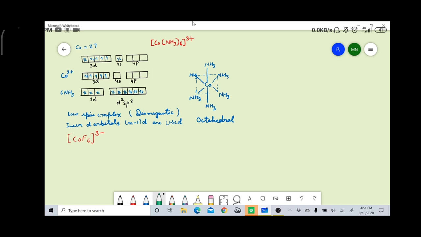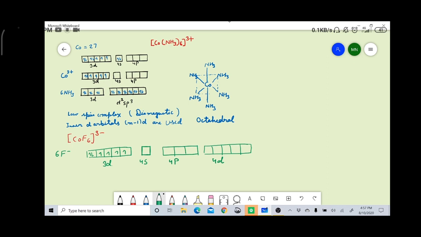In this complex, cobalt is surrounded by 6 fluoride ligands, and the electronic configuration of cobalt cation is 3d6, and the 6 electrons are present in 3d orbitals, in which 4 of the electrons are unpaired.